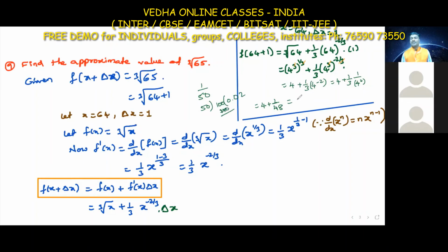So approximately the value is 0.02. So 4 plus 0.02 means 4.02. Actually we get approximately 4.0208, but that is negligible. You can write this answer.